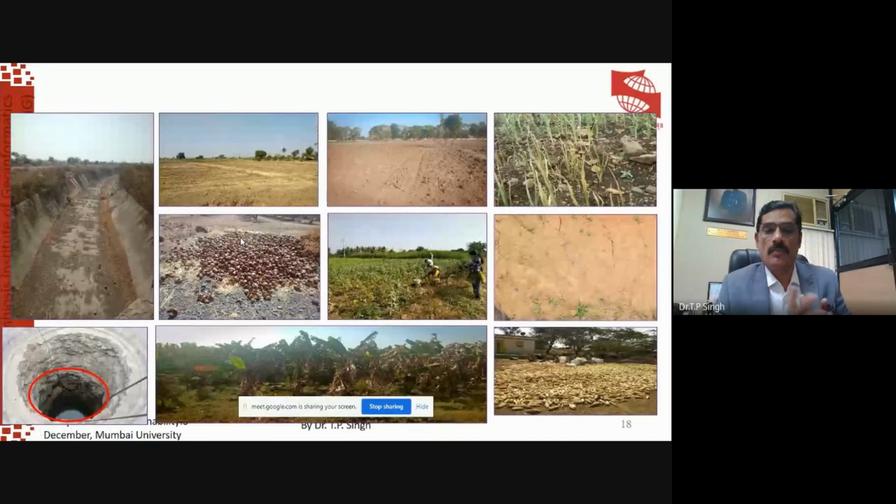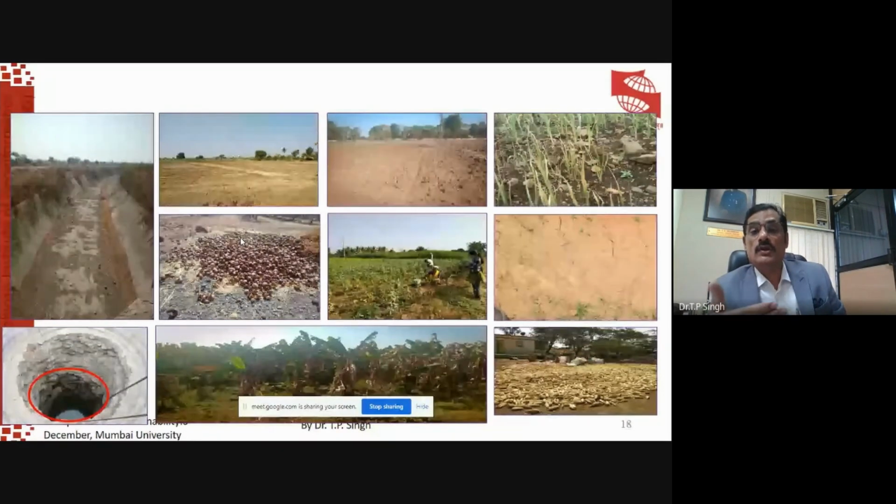The banana crop had already dried during that time. Drought was prevailing in that area. The water level of the bore wells has gone down. So this is how we can understand the situation of a particular area, how the drought is prevailing, and this can be utilized to achieve our goal.